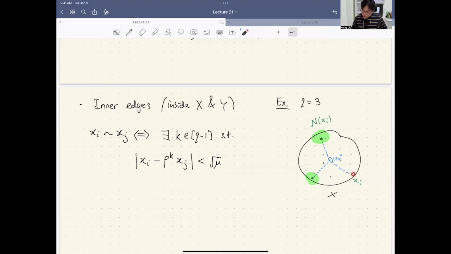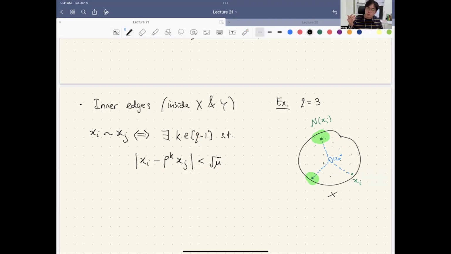So xi is adjacent to a small neighborhood of the rotation. If q equals 3, rho is the cube root of unity, which means rotating by 120 degrees, and you can perturb a little bit, a small neighborhood. Or rho squared of that: when q equals 3, you either multiply by rho or rho squared. That means rotate one more time, perturb a little bit, a small neighborhood there.